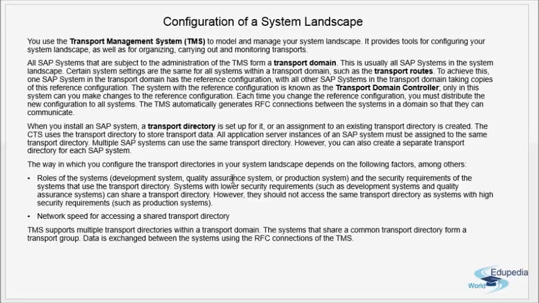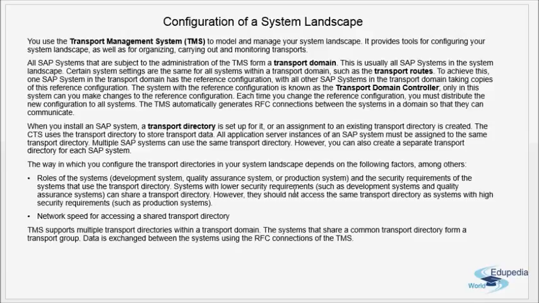Now, the way in which you configure the transport directories in your system landscape depends on the following factors: the roles of the system, development, quality or production system, and the security requirements of the systems that use the transport directory. Systems with lower security requirements such as development systems and quality assurance can share a transport directory.